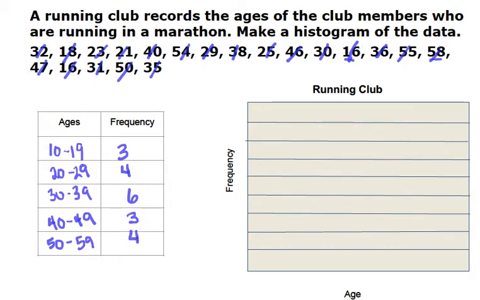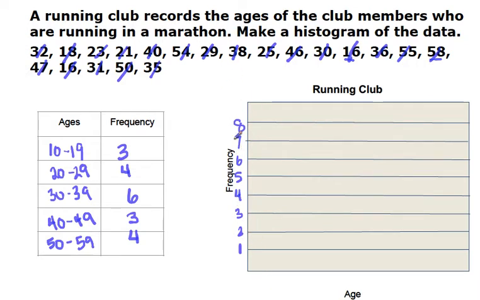So now I'm ready to make my histogram. Now I see I don't have any frequencies here. I'm going to look at my data, and it's kind of like the number lines that we did in dot plots. My data spans anywhere from 3 to 6, so I'm thinking I can go up by 1s because that seems pretty easy. Now, if it spanned from 3 to 30, would I want to go up by 1s?